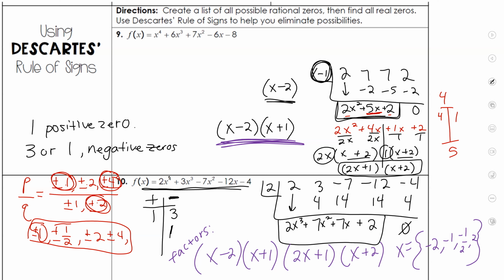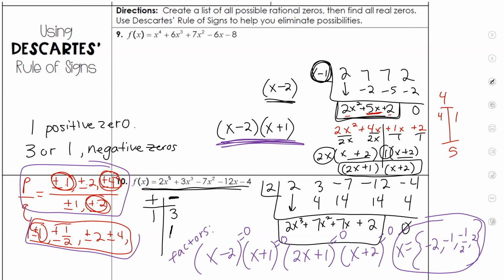You just set all of these equal to 0 and solve. And guys, notice my x values are all in my possible chart. Or right here, I should say. All of my answers are found in the possibilities that we put in the beginning. Okay? So you guys can go ahead and finish the rest of these.